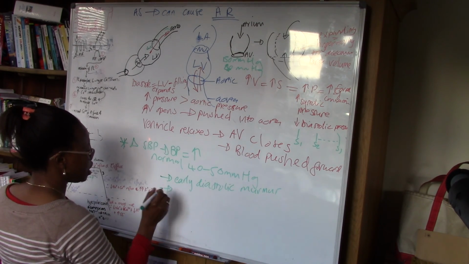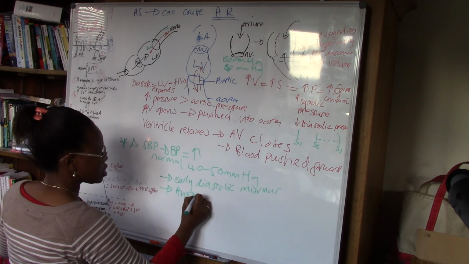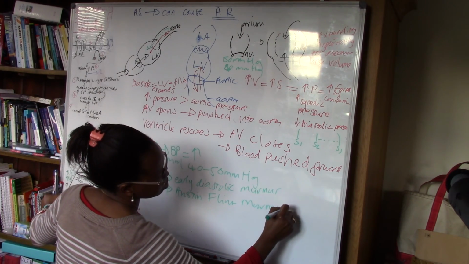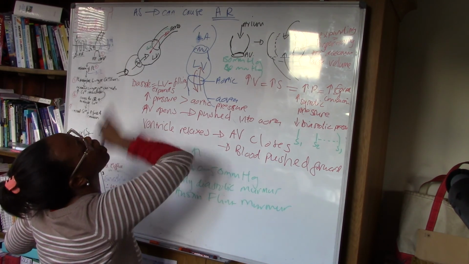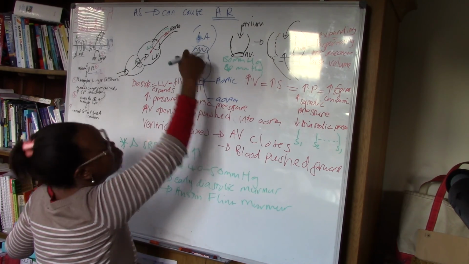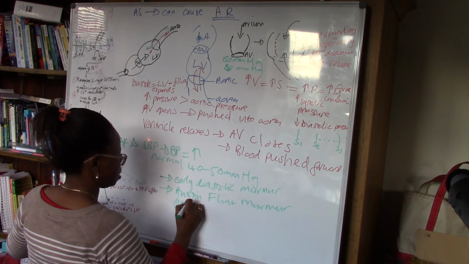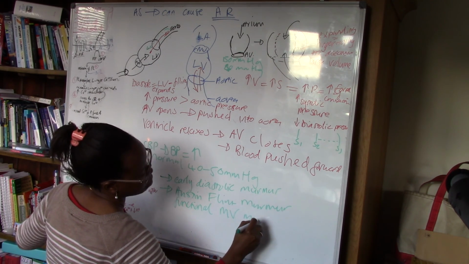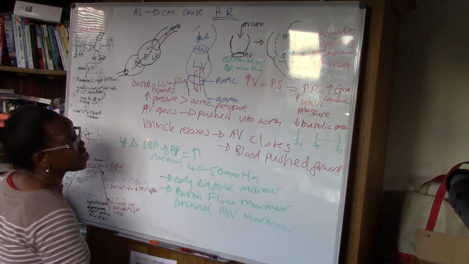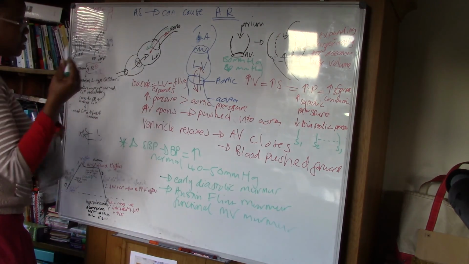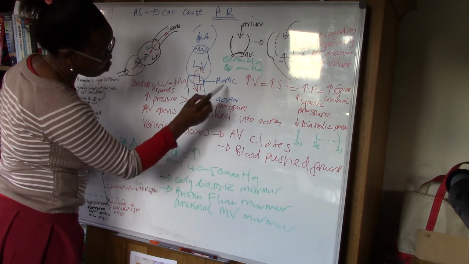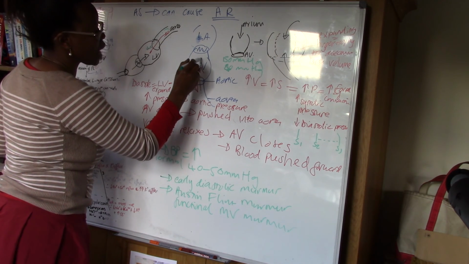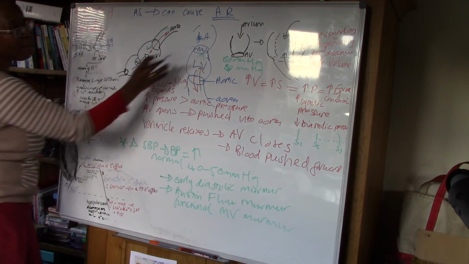There will also be the Austin Flint murmur, which is a functional mitral valve murmur. What it really does is, as blood is coming back from the aorta and returning into the ventricle, it pushes against the mitral valve.